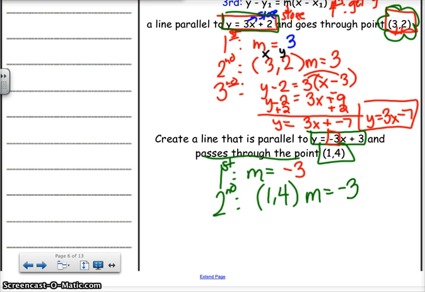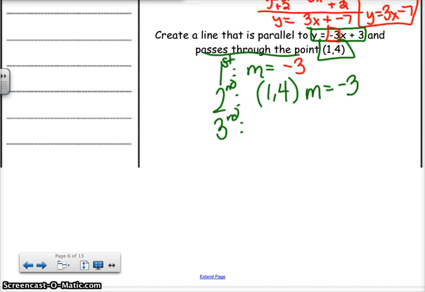Okay? Now I do point slope, the y minus the y I'm given. Y minus the y I'm given is equal to my slope times x minus the x I'm given. It's a negative 3. Now I have to distribute, I have to get y alone. That's step 4.